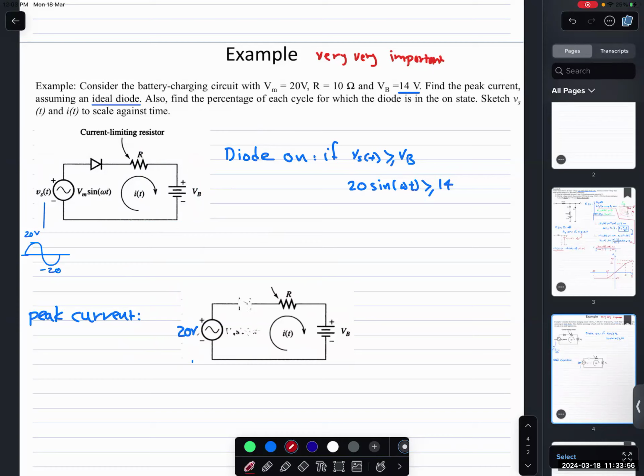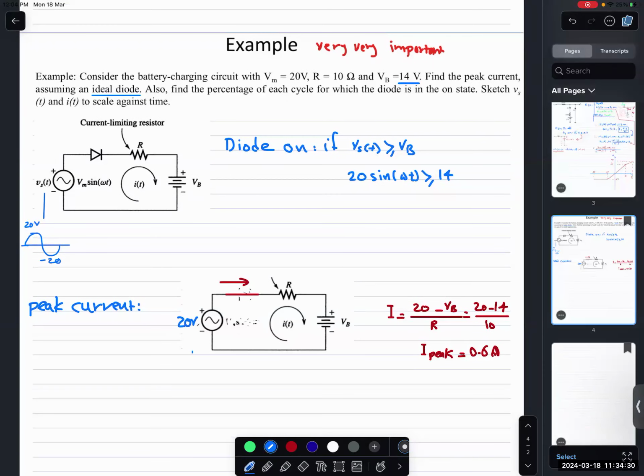The diode is a short circuit because it's ideal, so I can calculate the current easily: I equals 20 minus VB over R, so 20 minus 14 divided by R, where R is 10. So the peak current becomes 0.6 amperes.